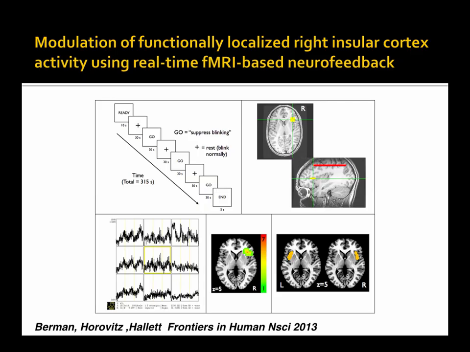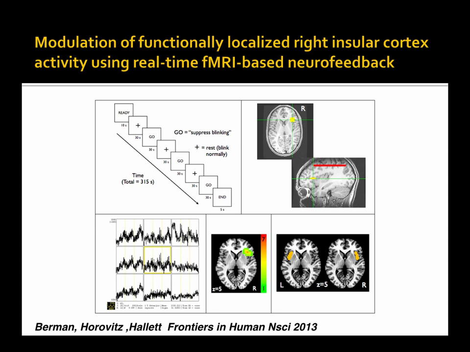So talking about the insula, this is another of the experiments that we did. We tried to see whether subjects could control the anterior insula, and the reason for that is that we think in Tourette's patients this would be relevant because they have an urge to move, like a perception of their own body and sensations, and the insula has some level of increase of activity as these events are happening.